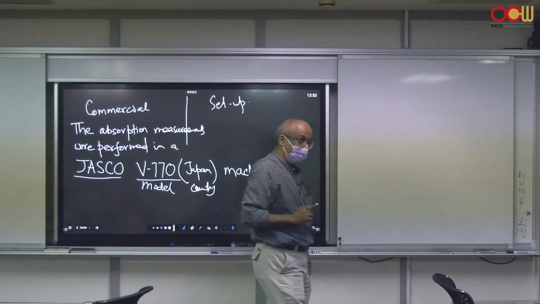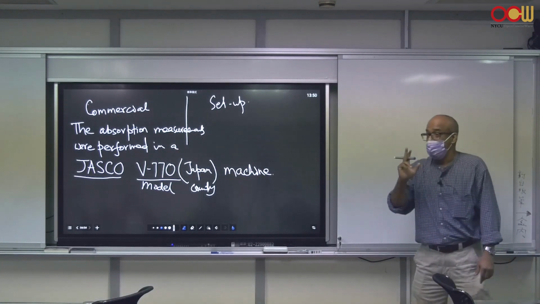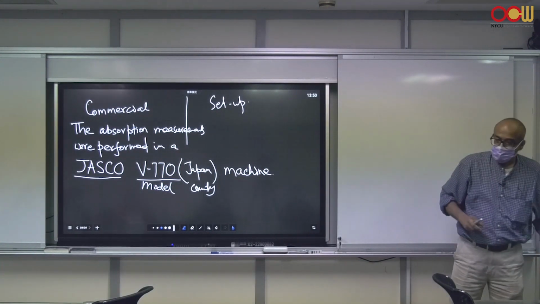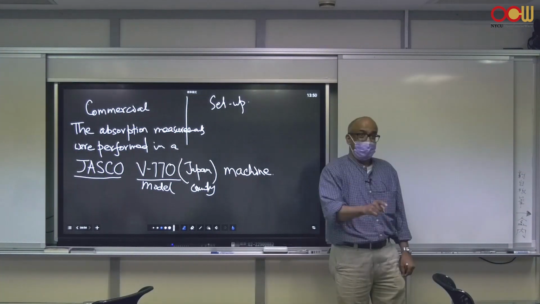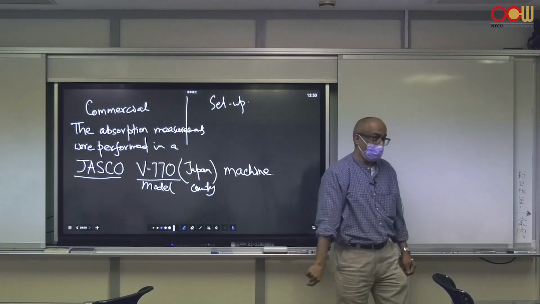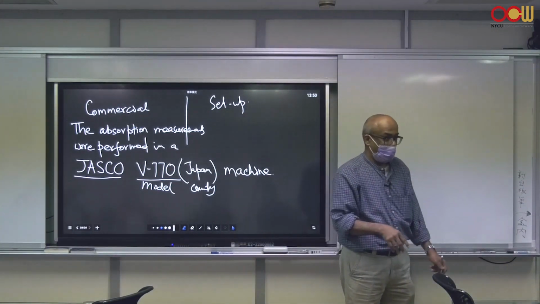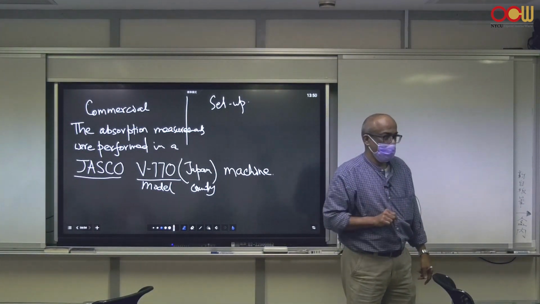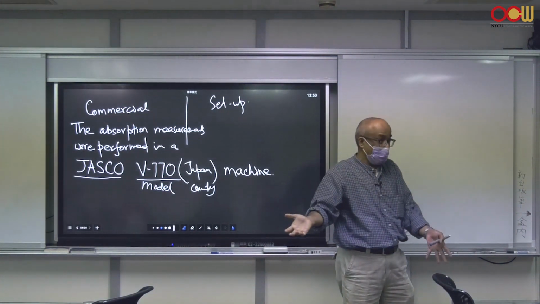Now here is the catch. When you have a machine, you have to know what that machine can do. So for example, you say, I use a clock to take the time. And then you say, okay, I have used a wall clock. The wall clock resolution is 1 second. You cannot say, I measured 15.03, because that requires a much faster machine.